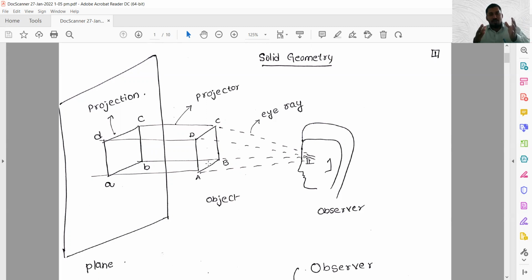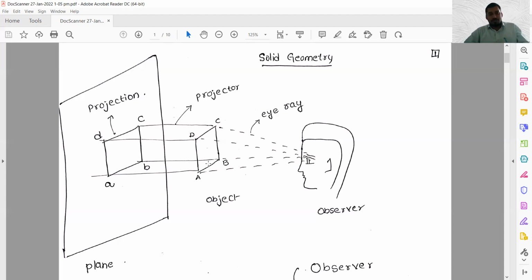I have given it the notation small abcd. That is the image which is projected on the plane. So the image placed on the plane is called projection. Projection means an image developed by the points of projectors, and you have to connect these points in the proper sequence. Then only the projection, that image, will be obtained.